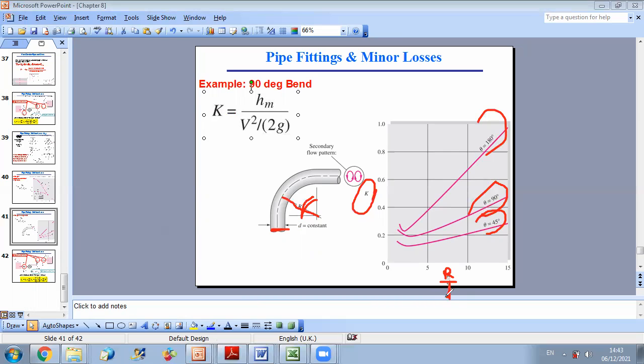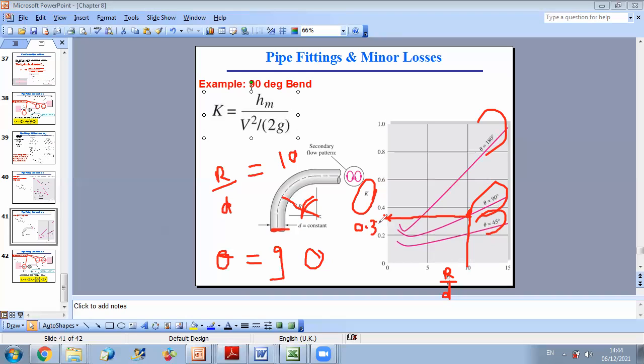So in general, for example, if I give you R over D equal to 10, and the angle of the bend is 90, you go to this graph and take R over D equal to 10, theta equal to 90, and you can read the value of K. So it's nearly 0.33.